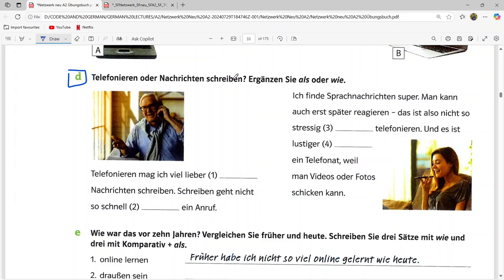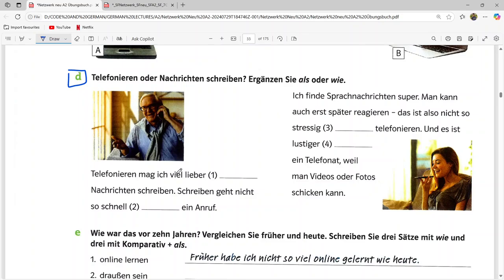Telefonieren oder Nachrichten schreiben. So to make a telephone call or to send messages. Ergänzen Sie als oder wie. So fill in the blanks with als oder wie. Okay, so let's do it. First one, old man. Okay, so old man always likes to make telephone calls. Let's see.